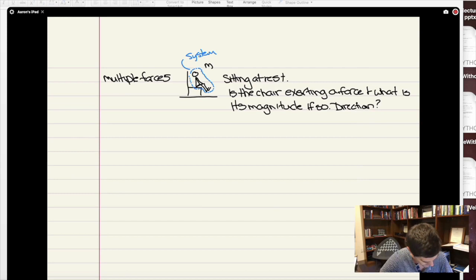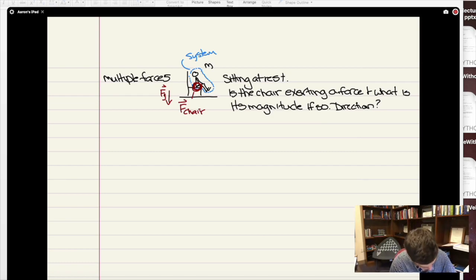In this case, it looks like the chair is connecting with the rear end of the individual. So there's a contact force from the chair. So I might expect some force of the chair, which is occurring at the point of contact. And then we're near the Earth, so I also assume that there is some gravitational force as well.